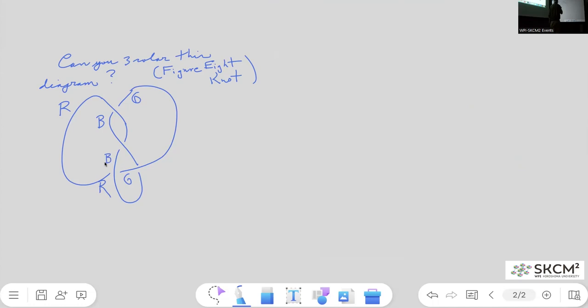But blue and blue mean that this should be blue. And that doesn't work because it's red. So it wraps back on itself and refuses to be three colored. Just doesn't work. Sad. Well, not sad. Some knots can be three colored and some can't.